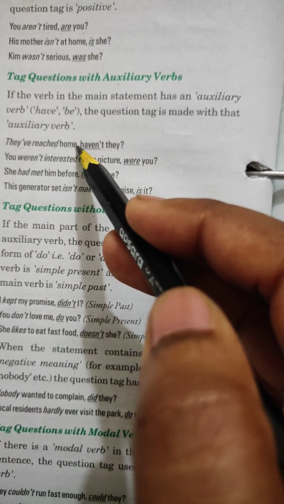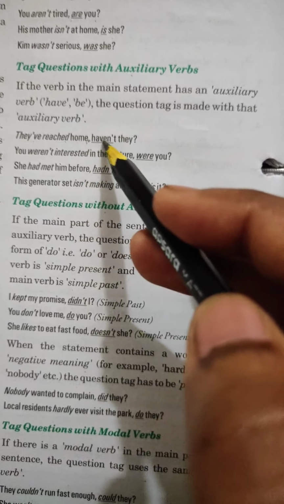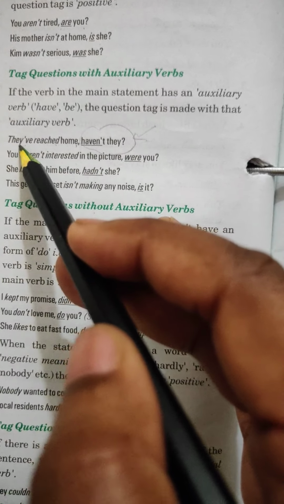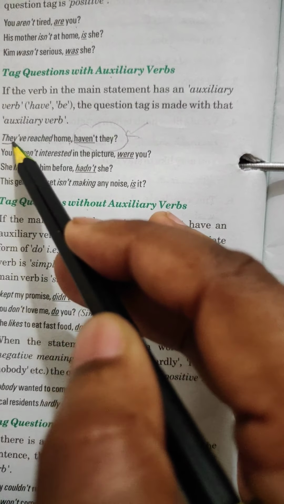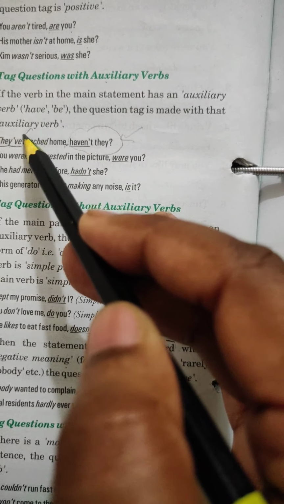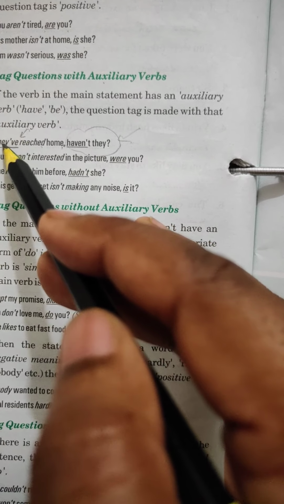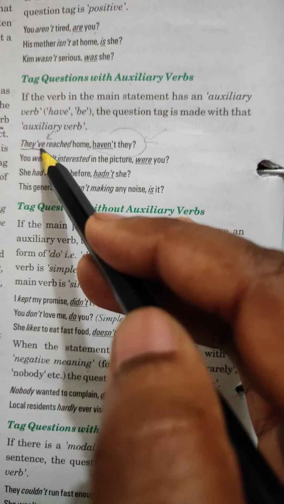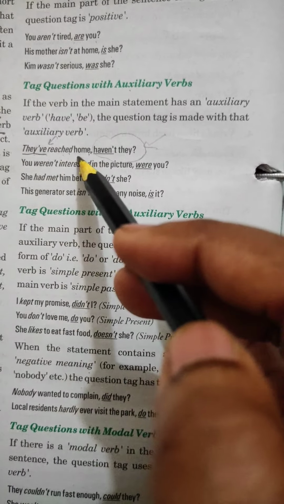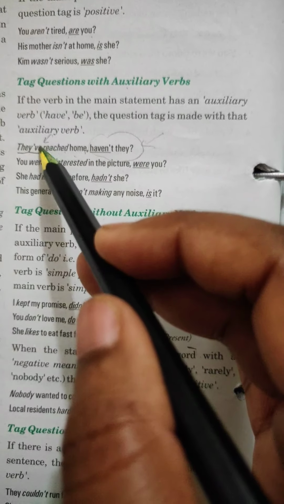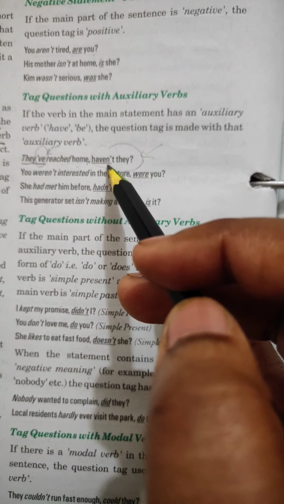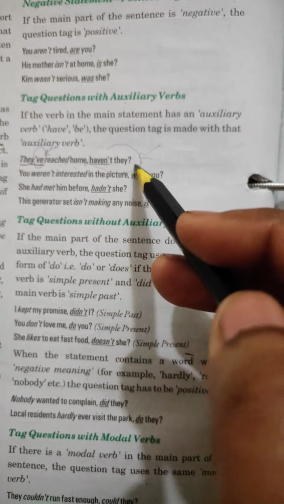Here the comma is there, and you will have to put your own question tag. Here it says they have; it is a contracted form. The word is "they have". They have reached home. So the same auxiliary verb, they have, is taken out and we ask, haven't they?